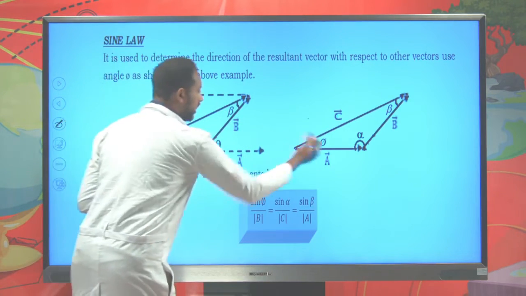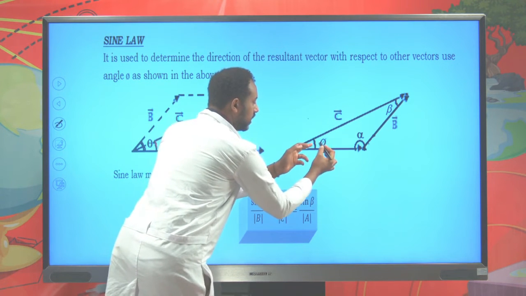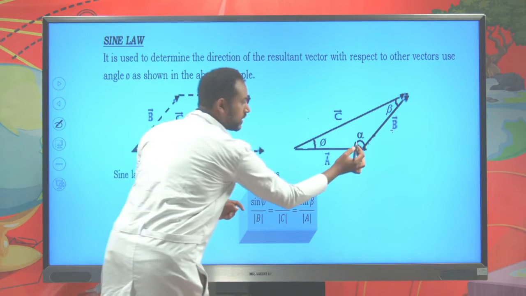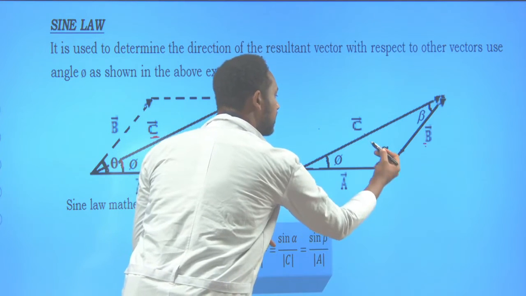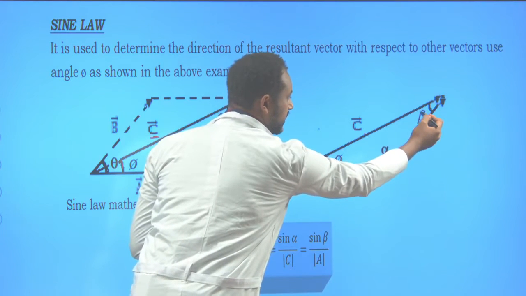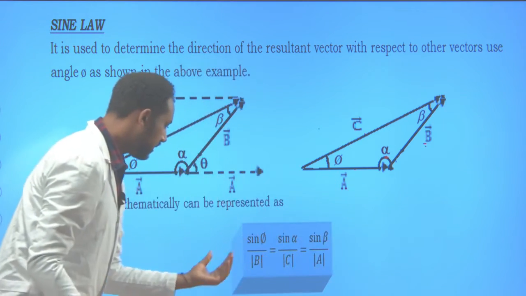Okay, the sine law states that the sine of this angle over the magnitude of the opposite side is equal to the sine of this angle over the magnitude of the opposite side, which is equal to, again, the sine of this angle over the magnitude of the opposite side. Let's see here.